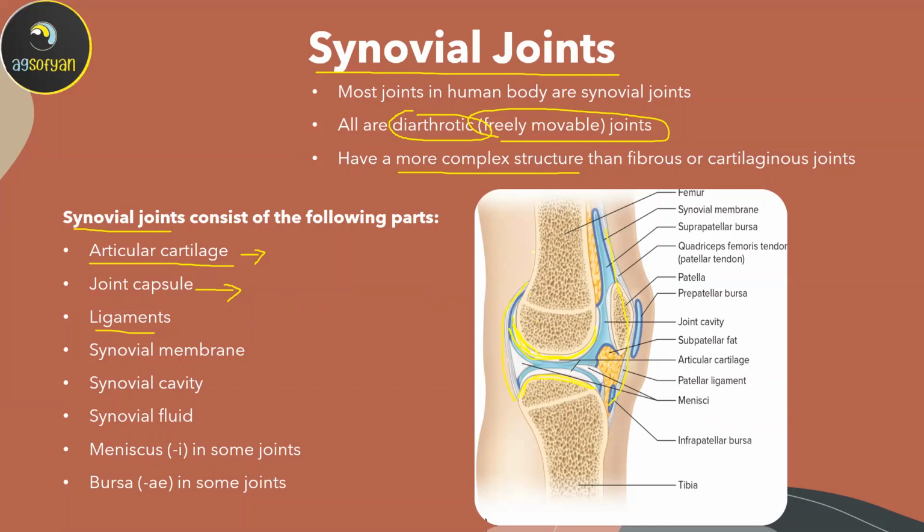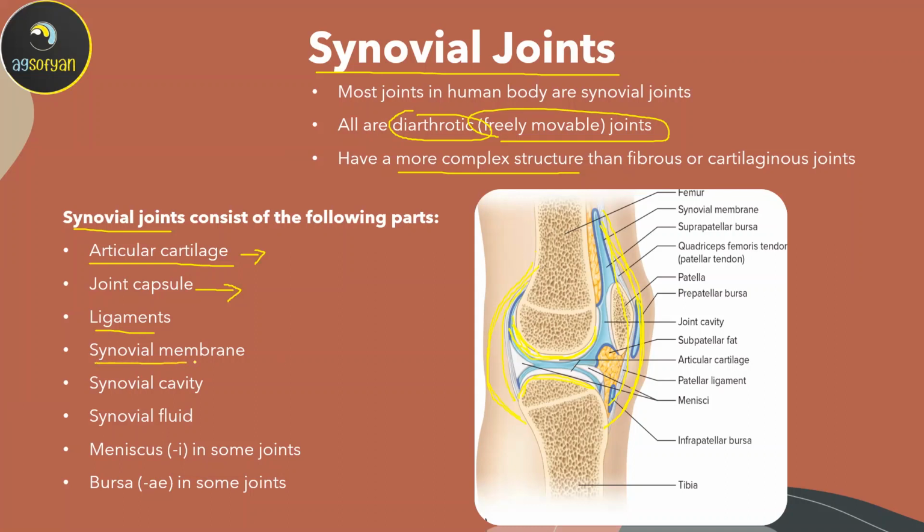A ligament is fibrous connective tissue that connects one bone with another bone, usually on the outside of the synovial capsule. This ligament will hold the bones together. When there is movement, it will strengthen the structure.